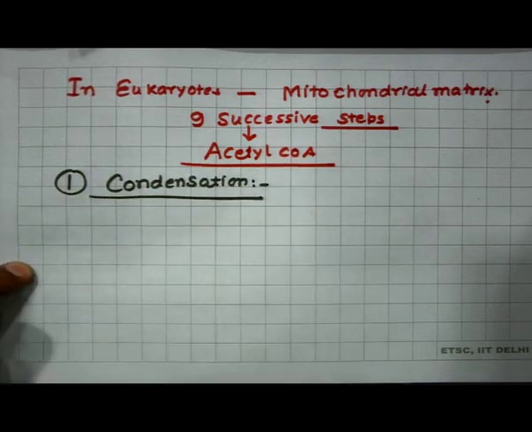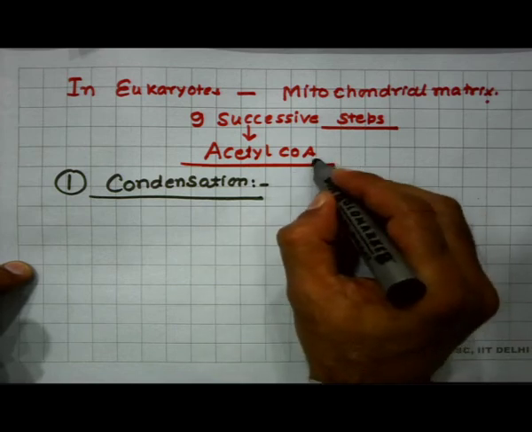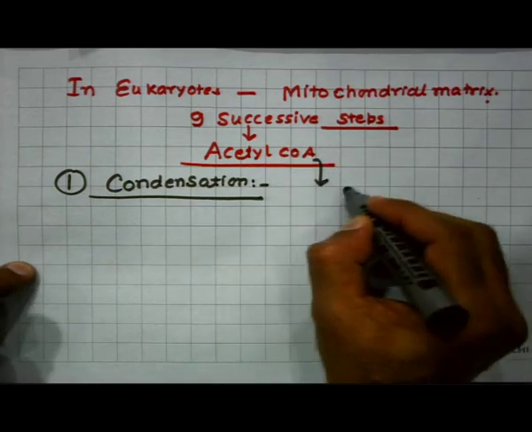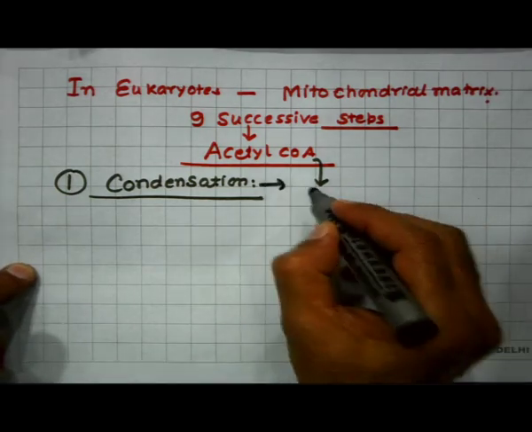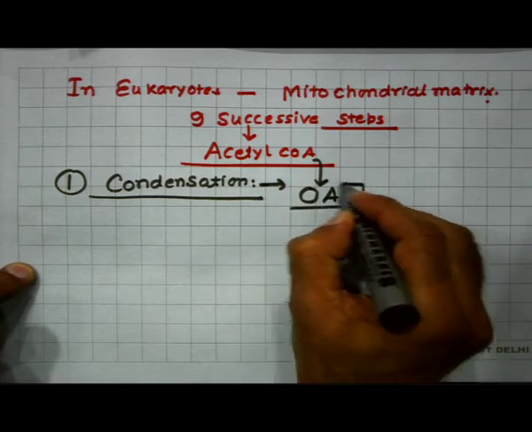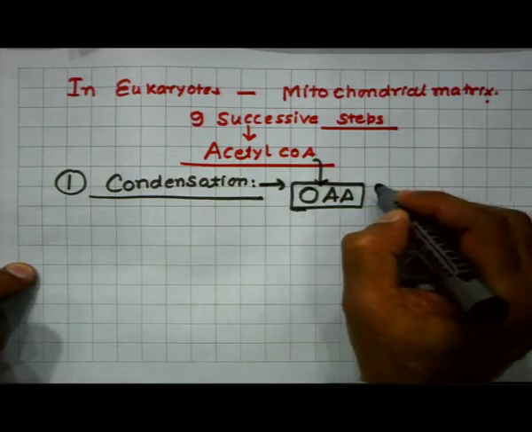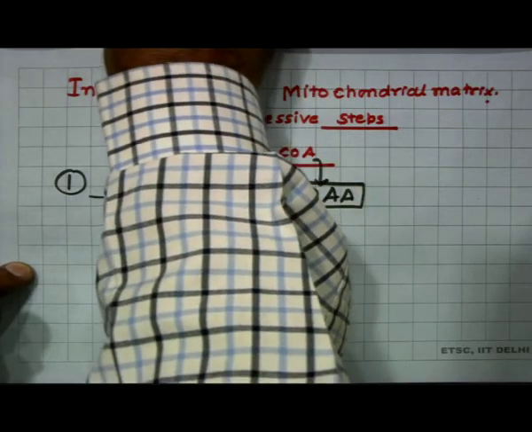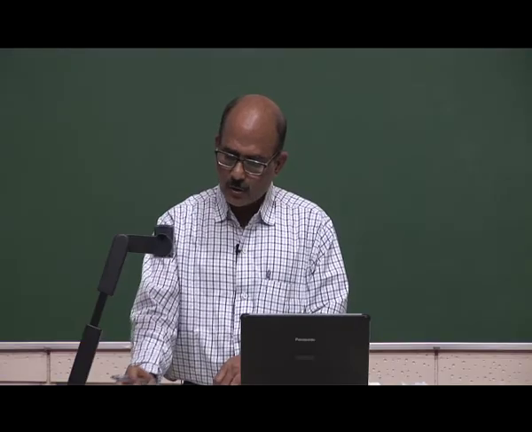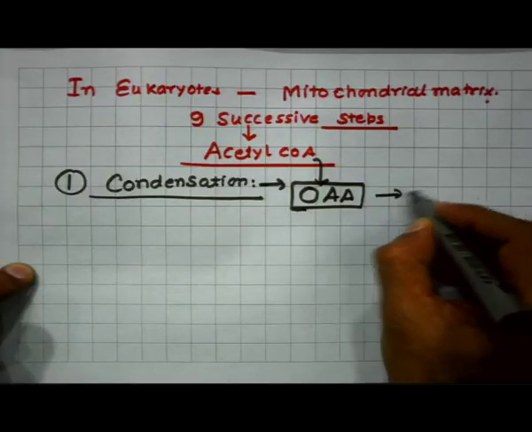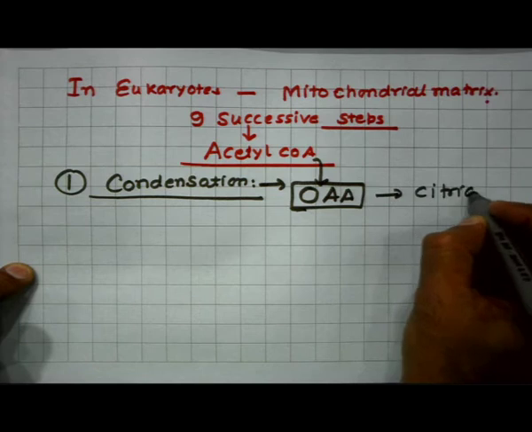In condensation, the acetyl coenzyme A, which is the product, combines with oxaloacetic acid and forms citric acid.